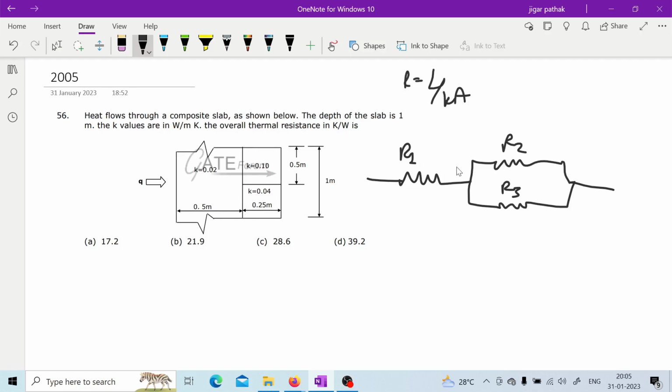So for all these three, first you can calculate R1, R2, R3. Then your total resistance will be R1 plus R2 R3 upon R2 plus R3, because here it is in parallel. So for parallel, it is 1 upon R2 plus 1 upon R3. Okay, are you getting it? Yes, sir.